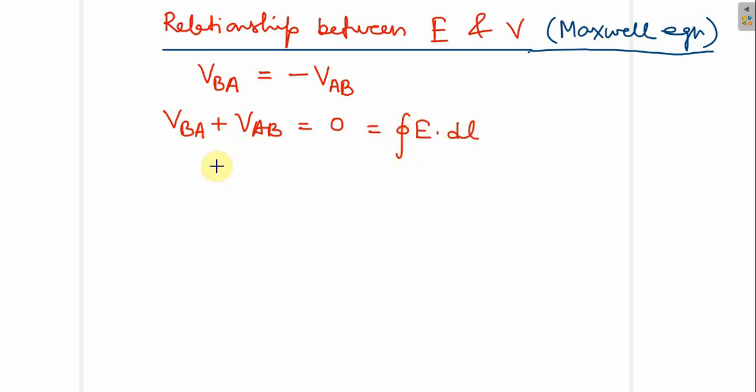This means that for a closed path, if we go from A to B and return from B to A, it is a closed path, yes or no? For the closed path I have made the circle, representing the closed line integral, which is 0. Because the potential from B to A and A to B makes a closed path, the line integral of electric field intensity is 0.